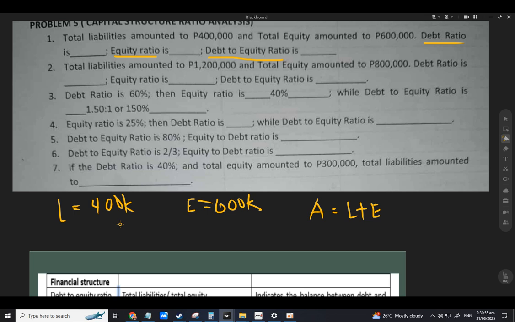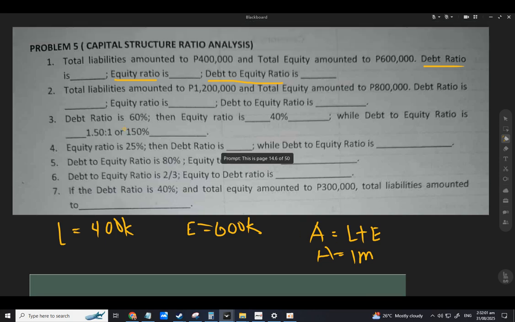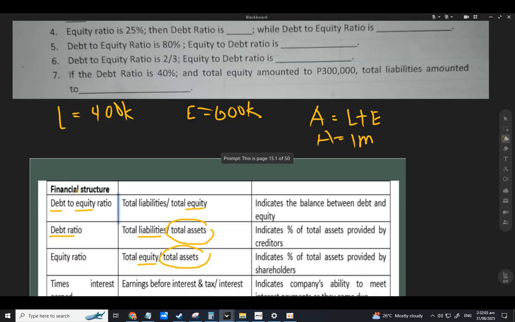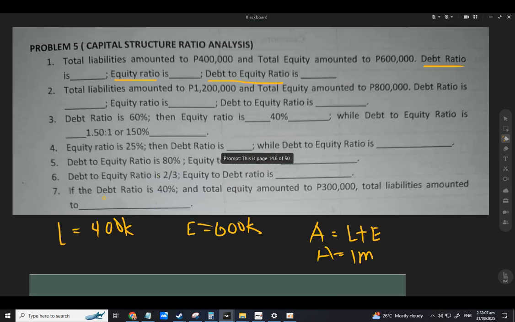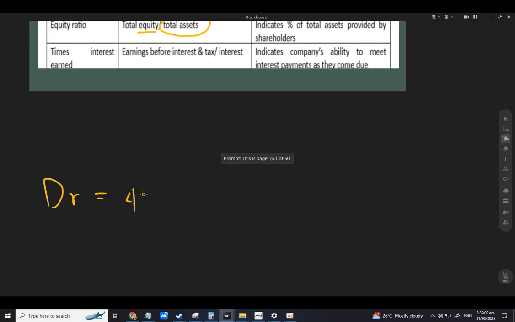So 400,000 plus 600,000, our total assets will be 1 million. Now we can answer the debt ratio. Debt ratio is 400K over 1 million, which gives 0.4, or in percentage, 40%.